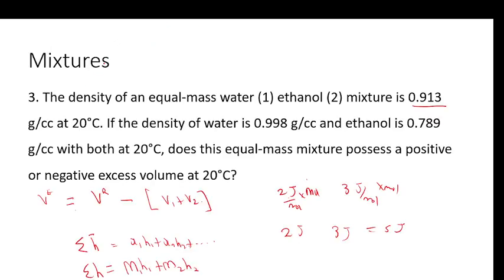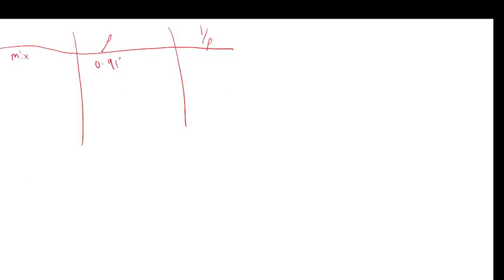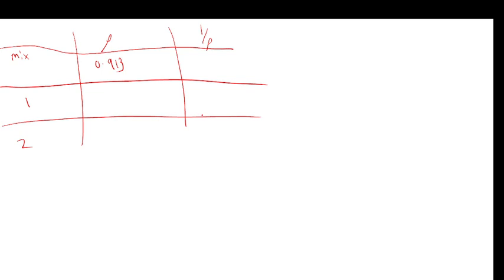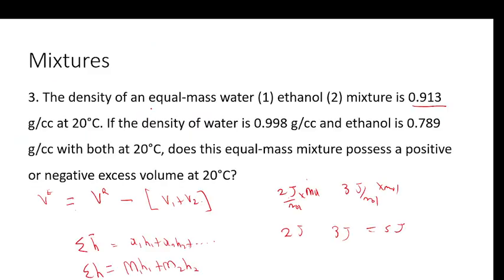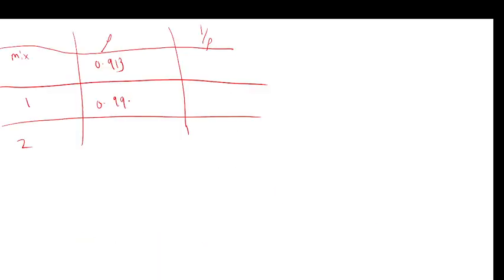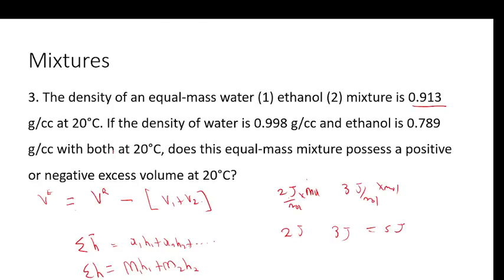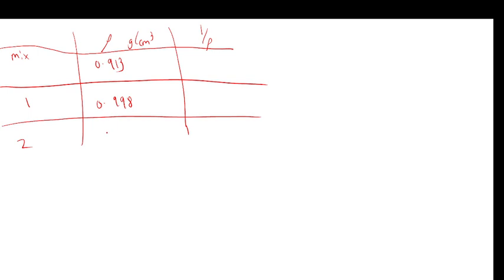So let's do this. For the mixture, density was 0.913. For water, that was 1, and then ethanol is 2. So for water it was 0.998, so this is in gram per cm cube, and then for ethanol it was 0.789. Right, so all in gram per cm cube.